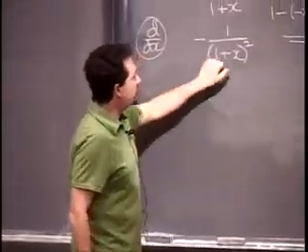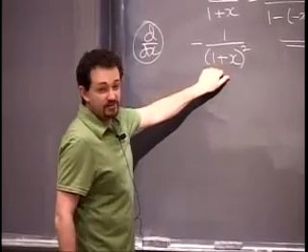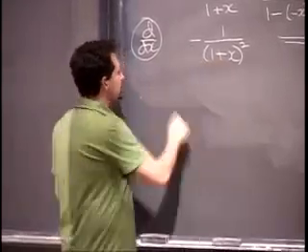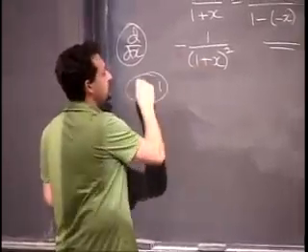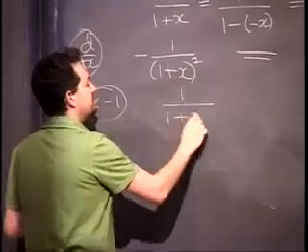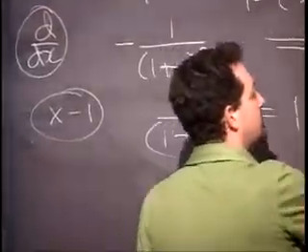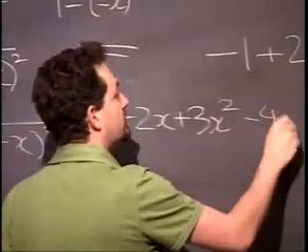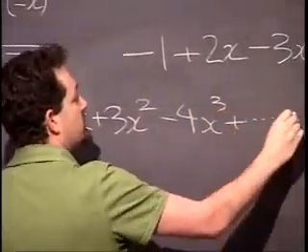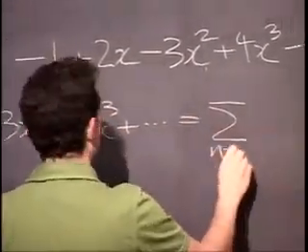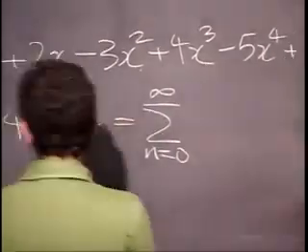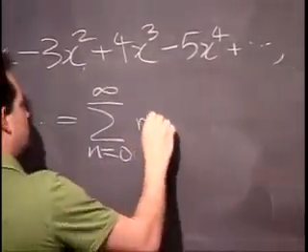The point is we've got almost the series that we want. We just have to multiply both sides by minus 1, and we'll get 1 over (1 plus x) all squared as the series 1 minus 2x plus 3x squared minus 4x cubed, etc., which we can write in sigma notation.